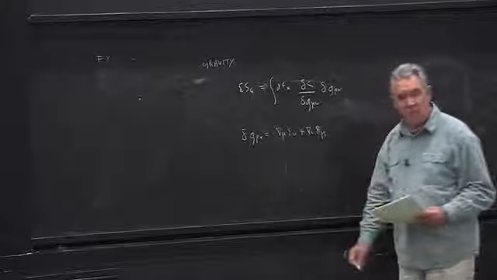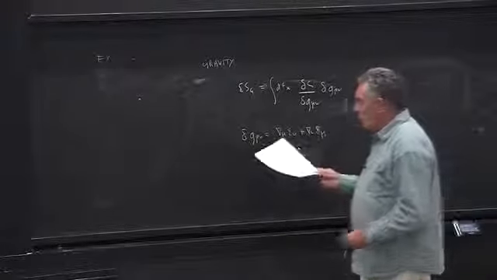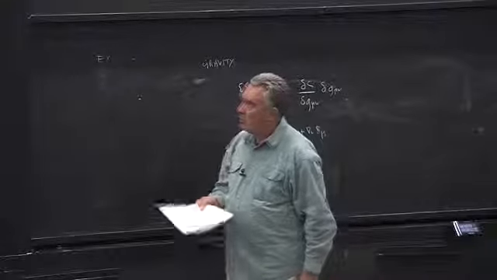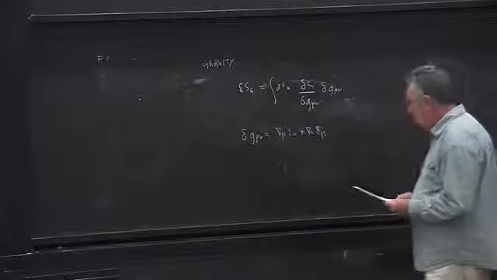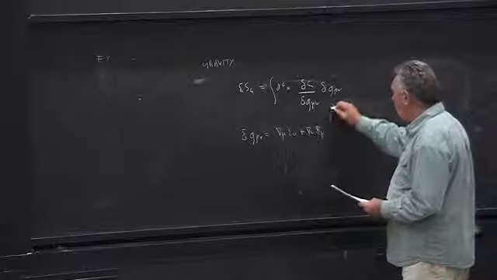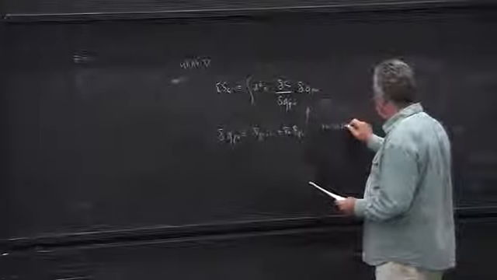You remember that was the infinitesimal form of the coordinate transformation, and it's the analog of delta A mu is d mu alpha for electromagnetism. We plug this in here and integrate by parts again.